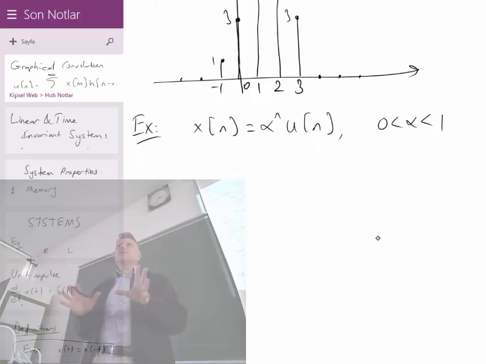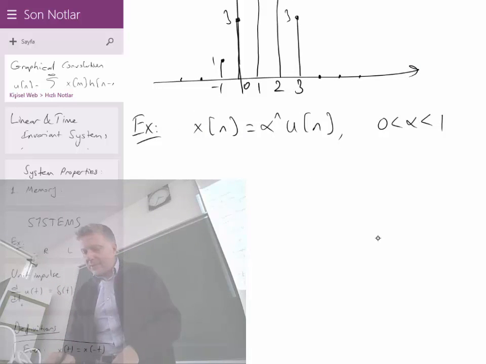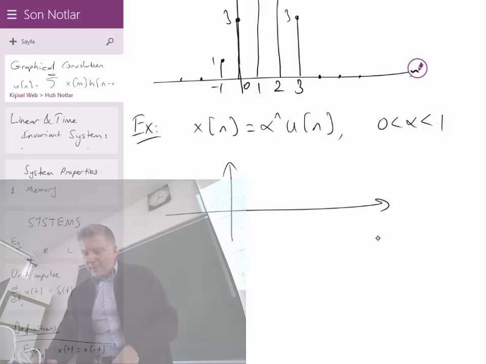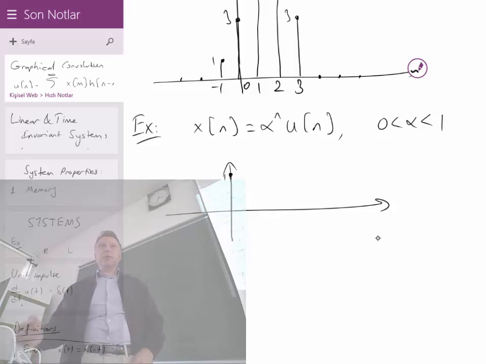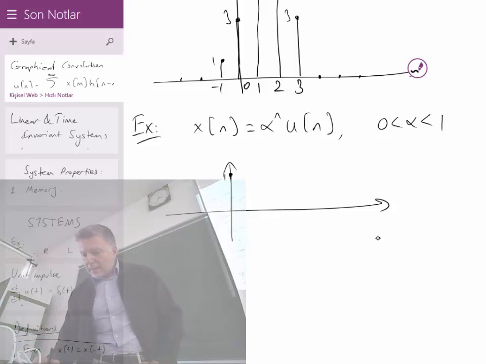It is something like, you don't need to do it that way, and I don't need to do it that way, but I will do it anyway, just for making sure that we understand everything. This x of n really looks like this. There is a 1 at n is equal to 0, because alpha to the 0 is 1. And then alpha to the 1, that's alpha.